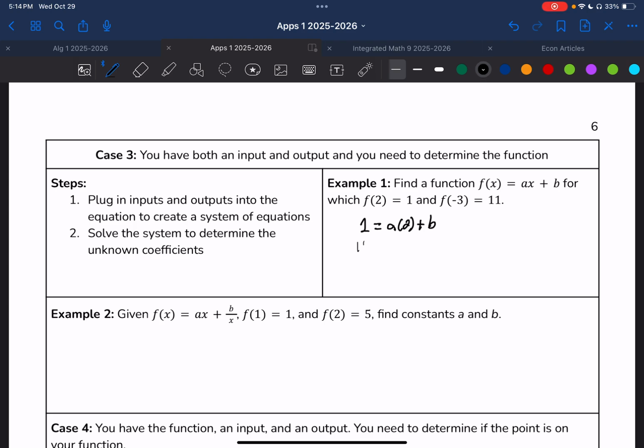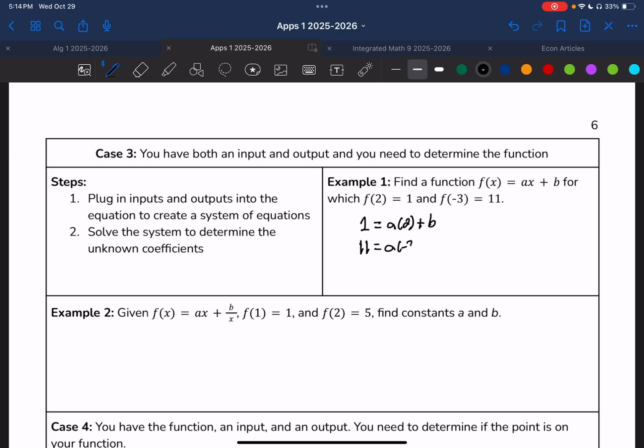And when we plug in negative 3 for x, we need to get 11. So that means we end up with a system of equations. It looks like 2a plus b is equal to 1, and negative 3a plus b is equal to 11.